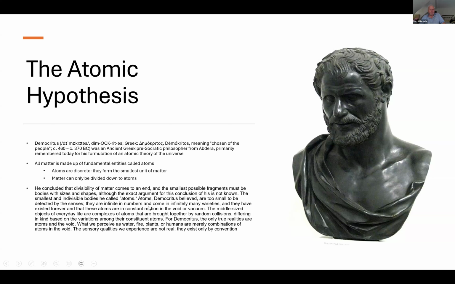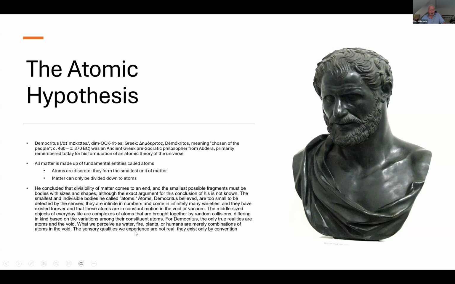So the smallest and indivisible bodies that are called atoms, they're too small, he believed, to be detected by our senses, but they're huge in numbers, and they come in all kinds of varieties. They've existed forever, and these atoms are in constant motion. Everything that we see around us today is made up of aggregations of atoms, and they're brought together by collisions of different sorts.